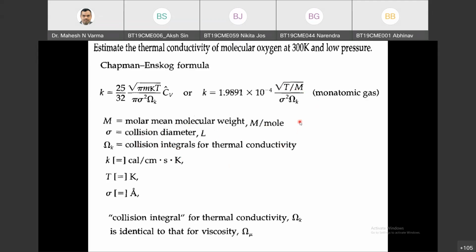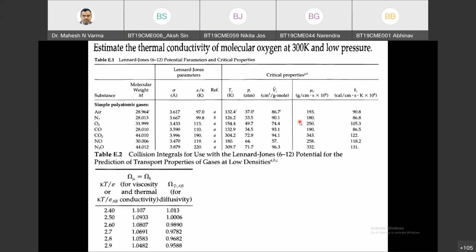It depends on the book, because here we are following the BSL book, and the nomenclature and dimensions are according to that. From the appendices I will get the collision diameter and collision integral. This is Appendix Table E.1, Lennard-Jones potential parameters and critical properties.